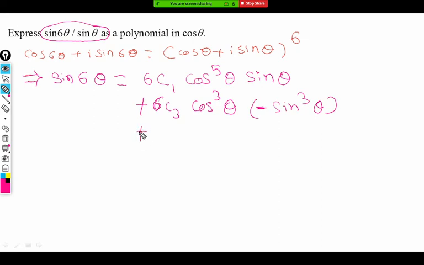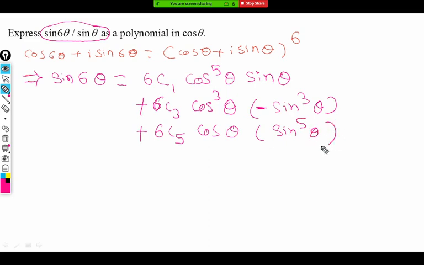Next, 6C5. Only odd terms you will get. It is just like using that formula. We are indirectly using the general sine n theta formula. And you will get cos raised to 1 theta and sine raised to 5 theta. I hope this is clear.